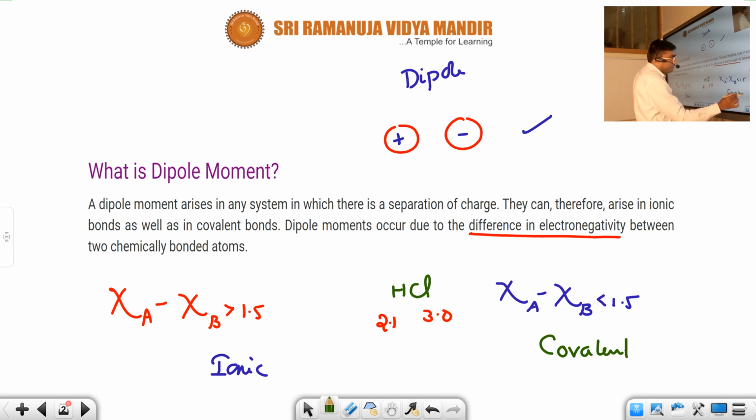When Xi A minus Xi B is equal to 1.5, it is 50% ionic and 50% covalent. Xi is the electronegativity, and the more the electronegativity difference, the more the ionic character. That is the fundamental understanding associated with the dipole moment concept.